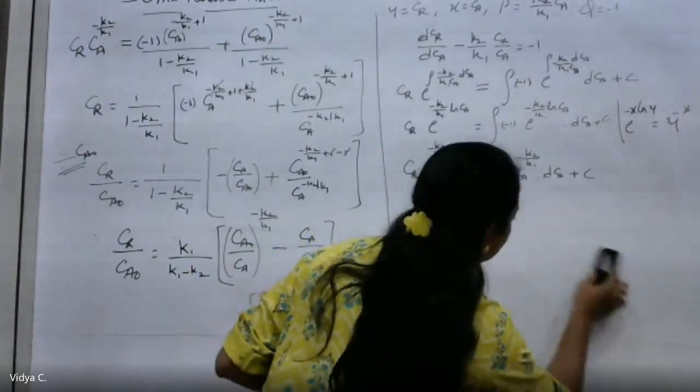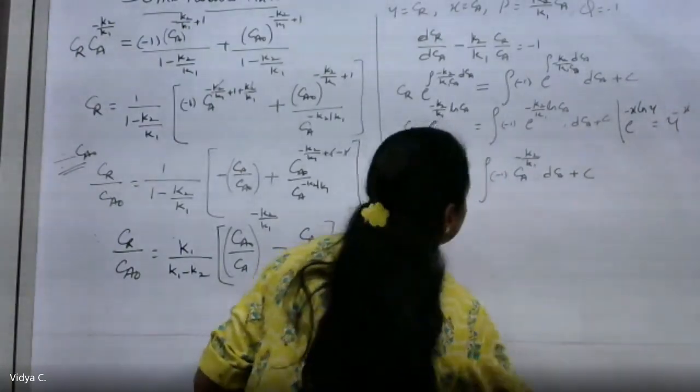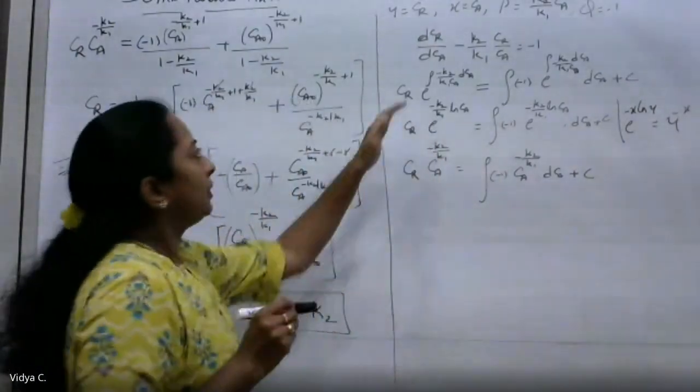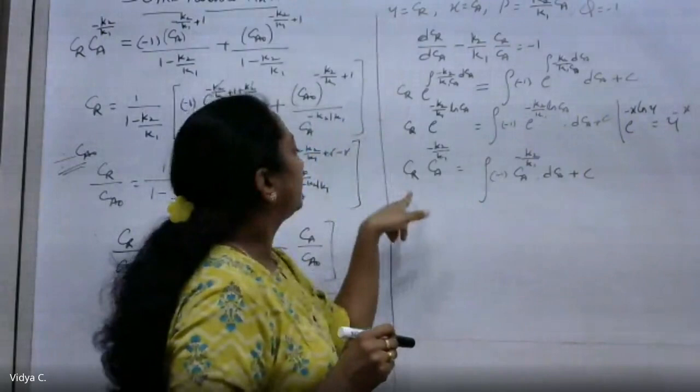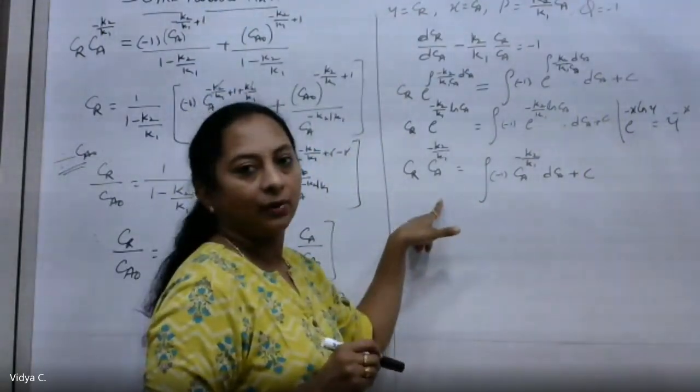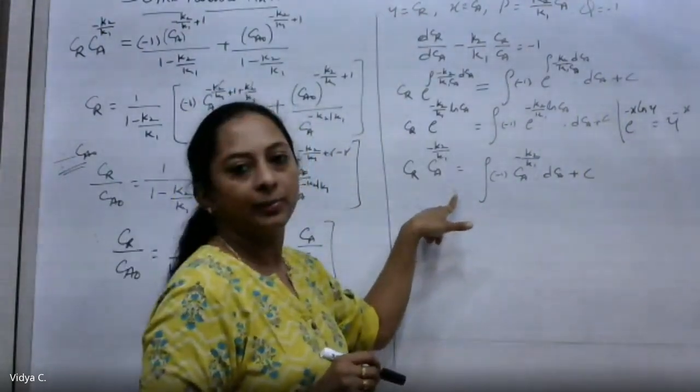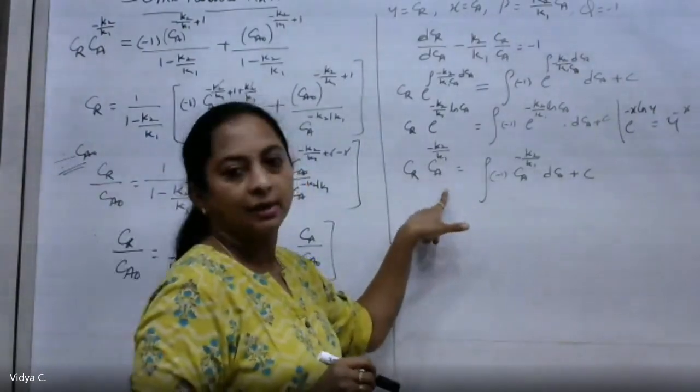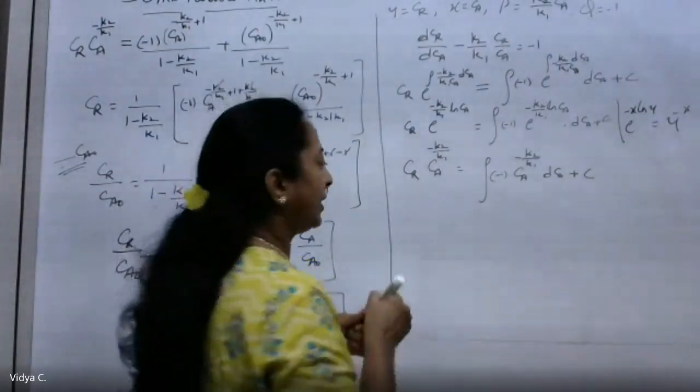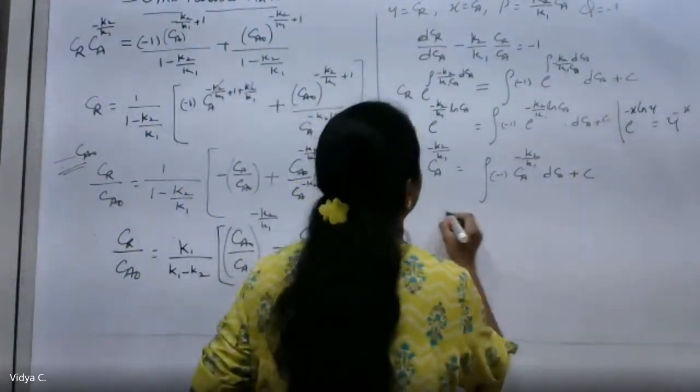From the beginning till you get this step, you have to repeat writing it. You have to repeat writing this till you arrive at this stage. So from here I'll continue.